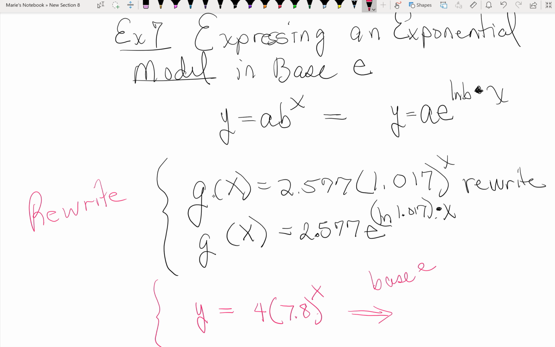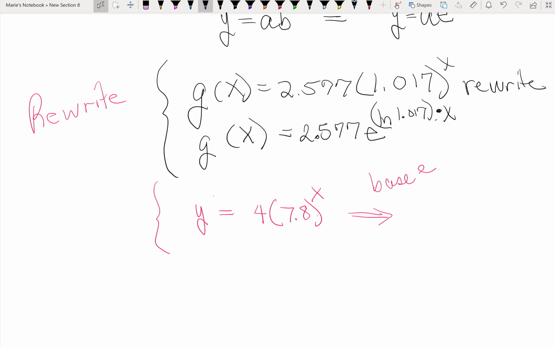I'm going to do this underneath so you can follow me. So this simply becomes y equal to 4 times e raised to the natural log of 7.8 times x, however you want to do it.